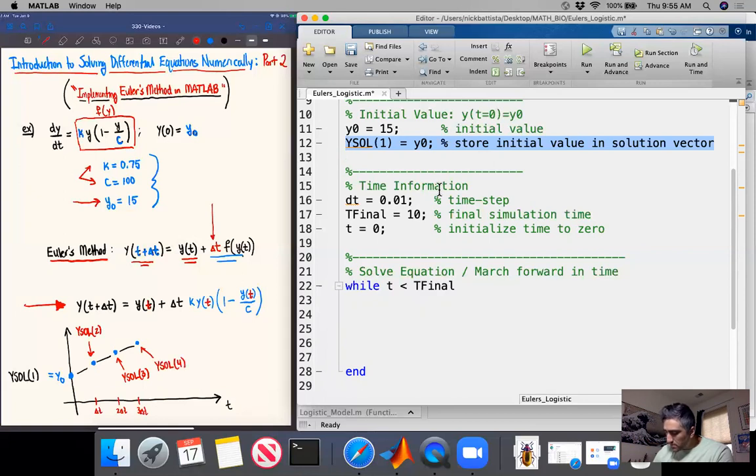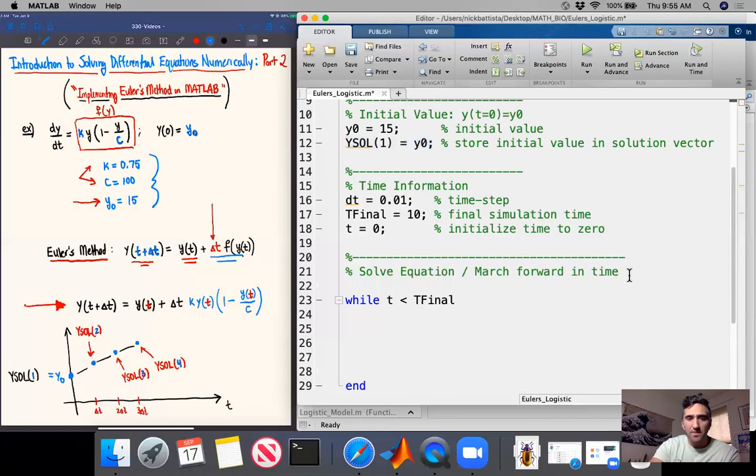So we need to keep changing that index the more and more solutions that we put in. So we need a counting variable of some sort. So I'm just going to make this a counter. So that's just a counter to help us out as we go through that while loop.